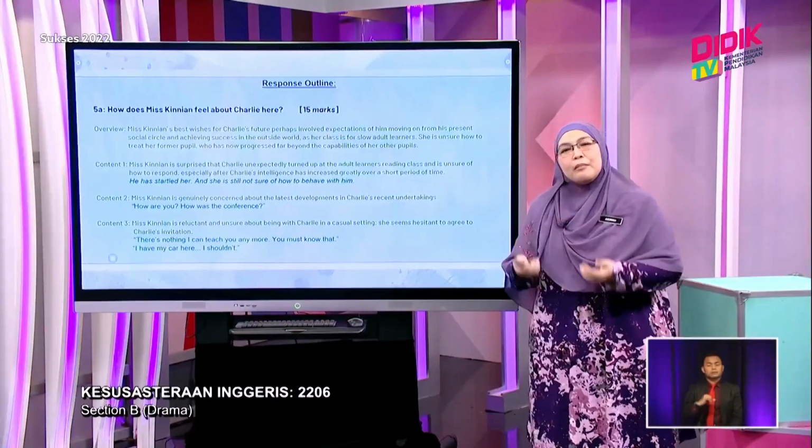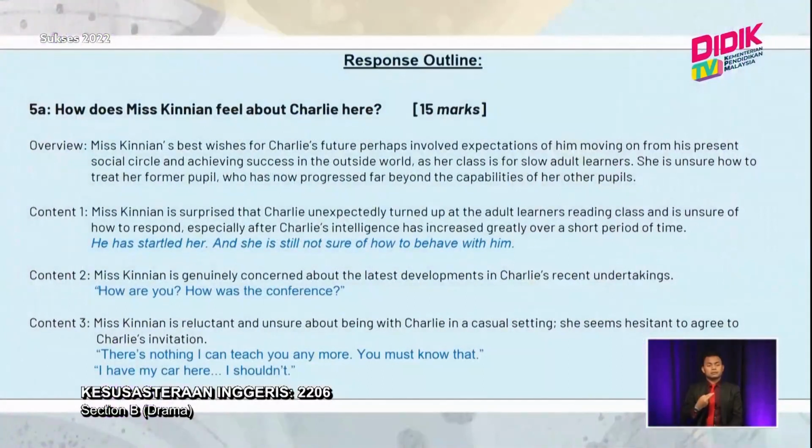I might say Miss Kinnian's hopes and wishes for Charlie to do well haven't prepared her to see him in the flesh after so long. I might say that Miss Kinnian is surprised. I might say that she is concerned about what has happened to Charlie recently. I would also say she is reluctant to go on the meal with him. So I would use this outline, expand on the 3 points, and finish my essay.